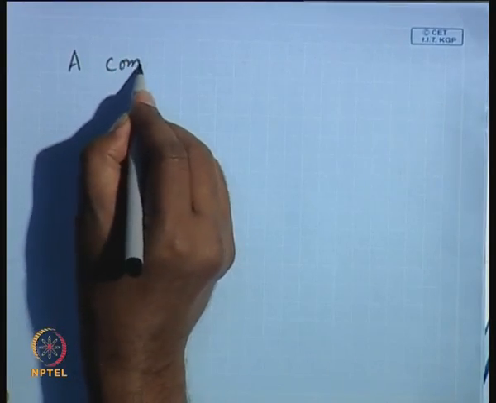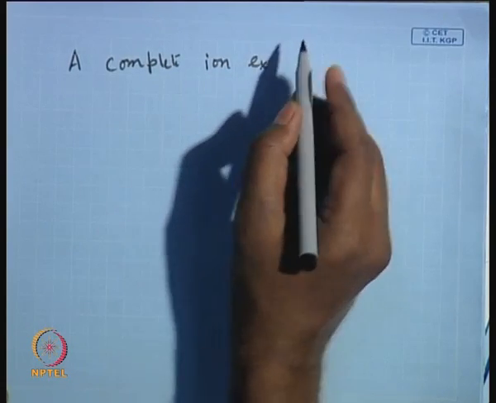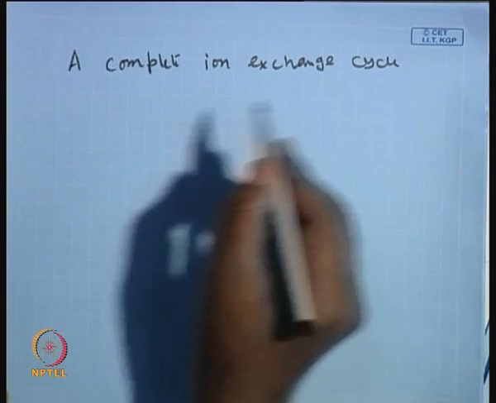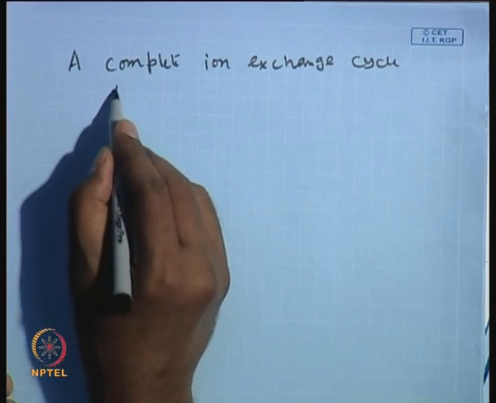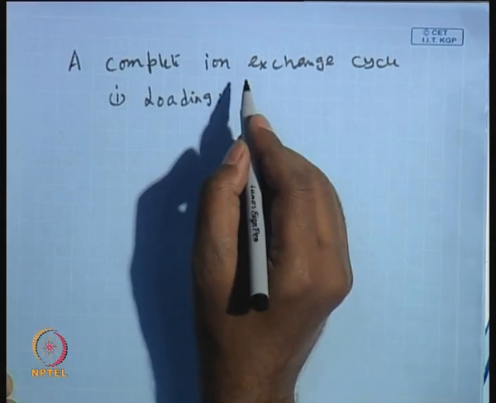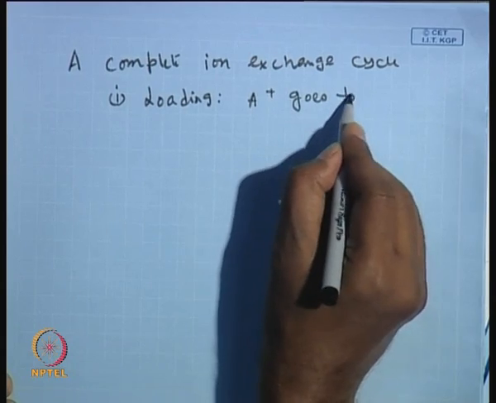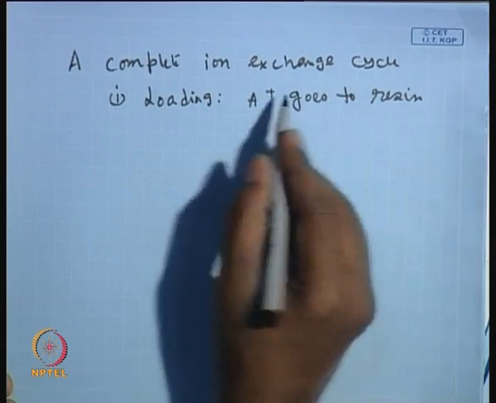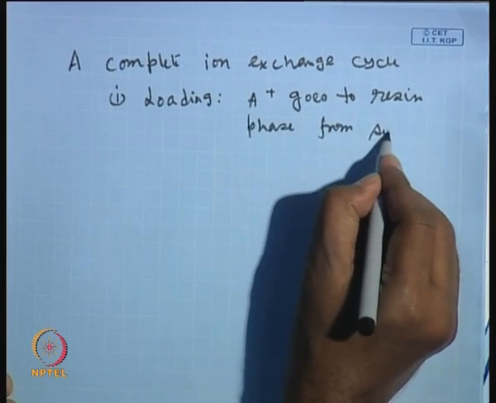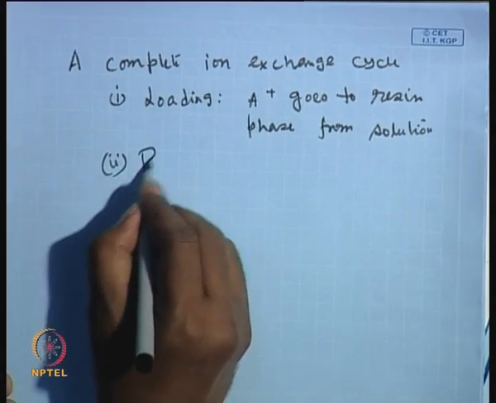So, a complete ion exchange cycle has 3 distinct steps. Number 1 is called loading. What is loading? Loading is A plus goes to the resin phase from solution. Second one is regeneration.